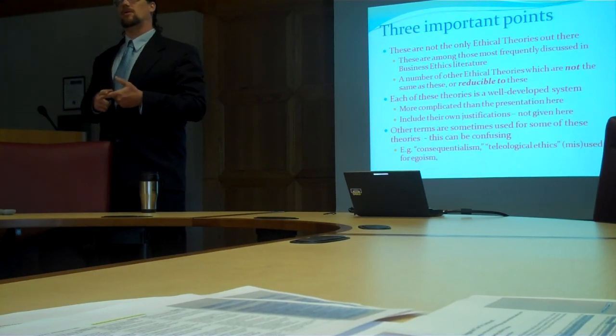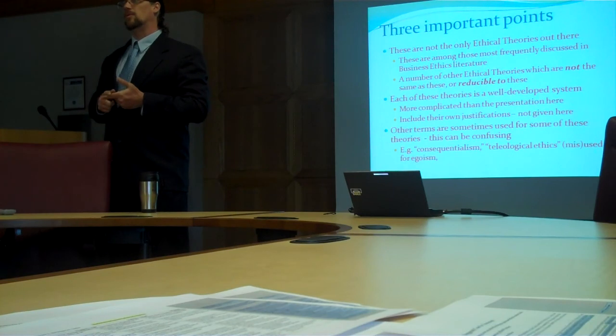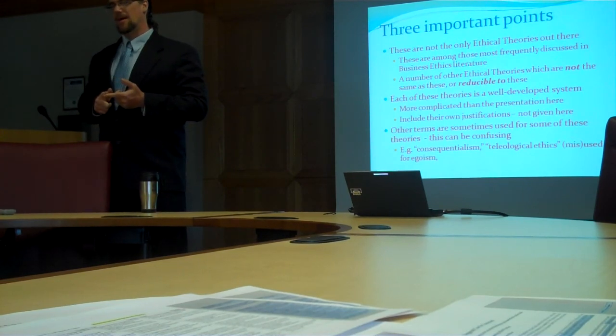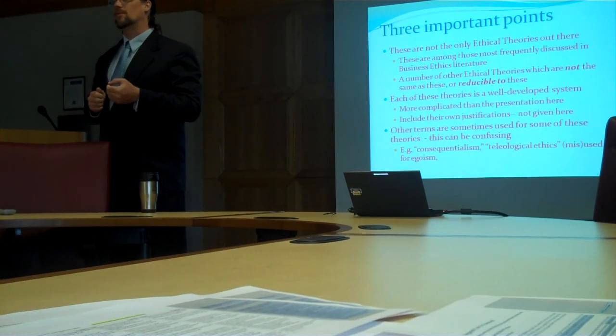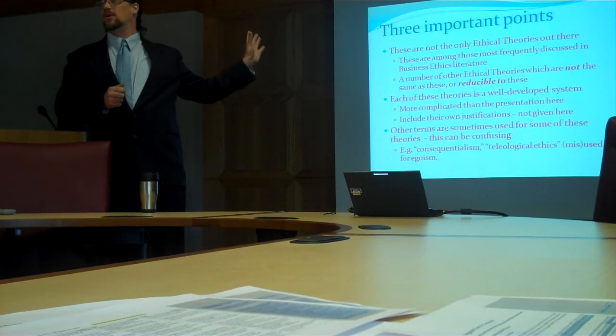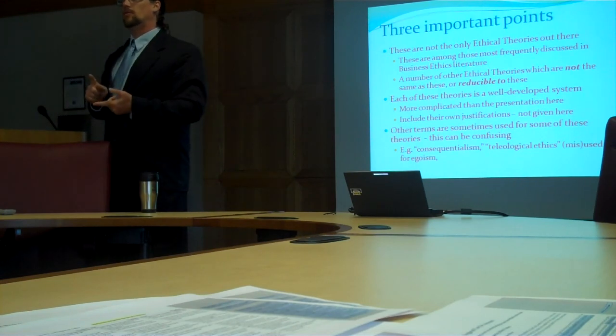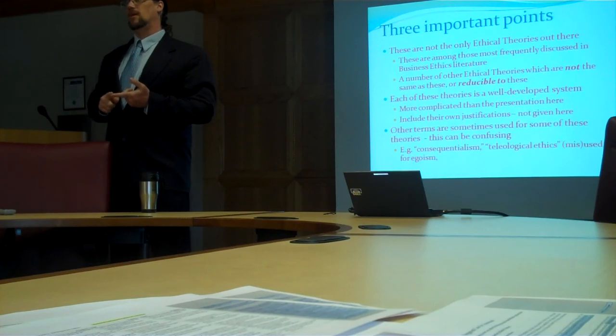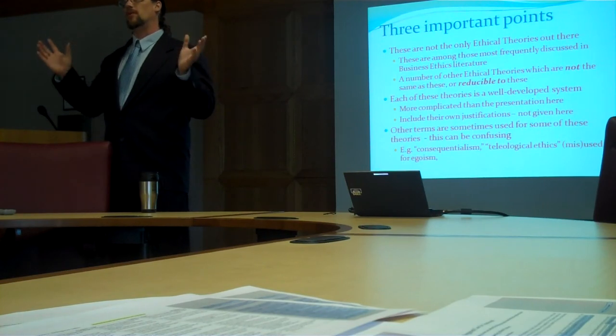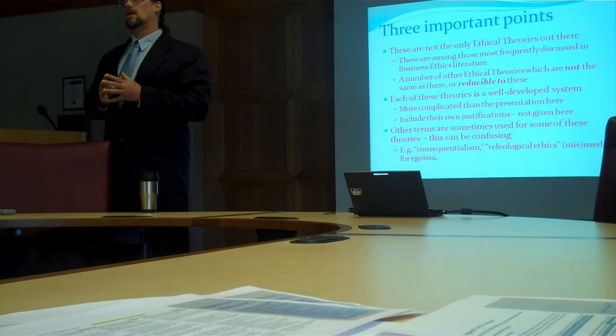There are some other theories that are talked about a lot in the business ethics literature, like stakeholder theory. But those tend to be derived from these. These are more basic. What gets called justice theory in many of the business ethics textbooks is basically just that there are rights out there, and you should observe the rights.